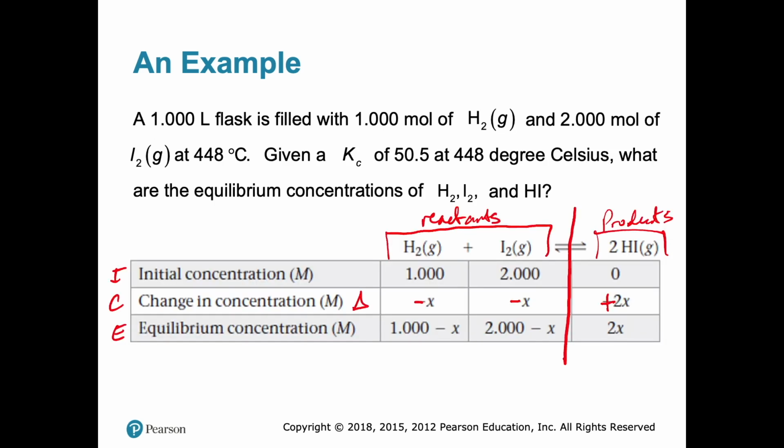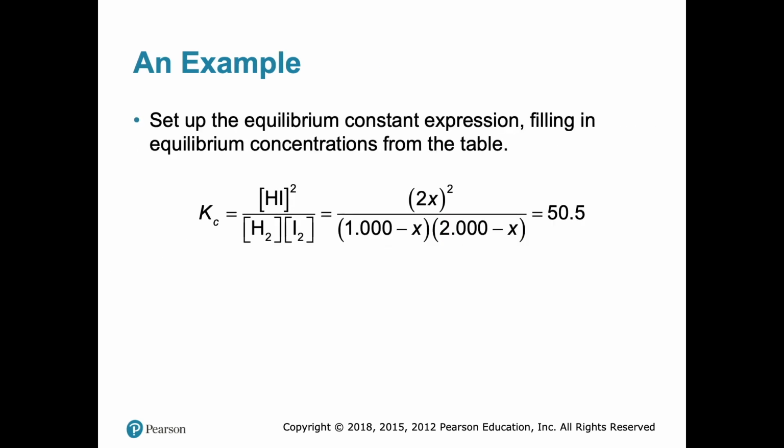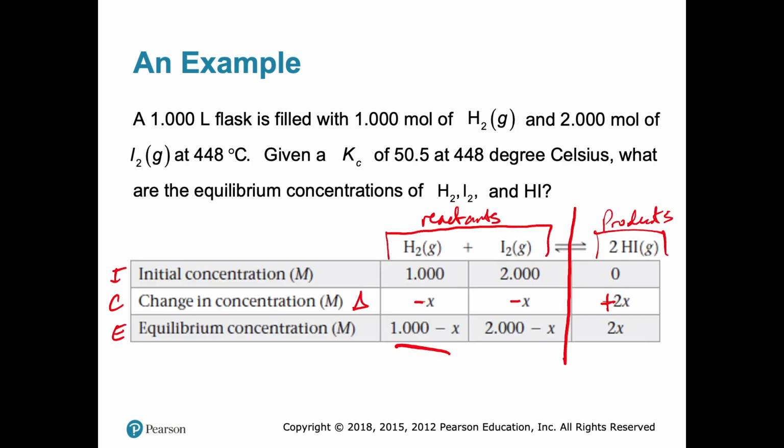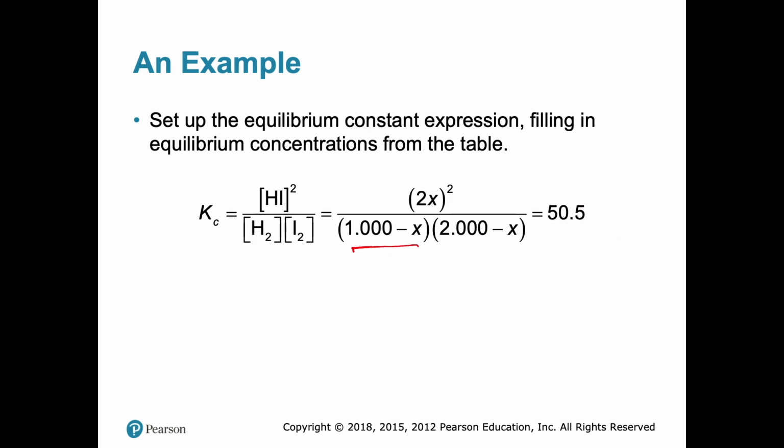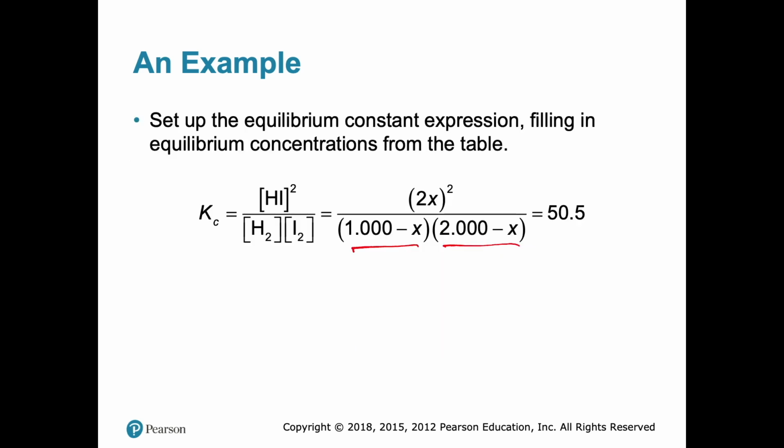We had 1 minus X for the hydrogen gas, and the 2 minus X for the iodine gas, and then we had the 2X for the hydrogen iodide gas, which is right here.